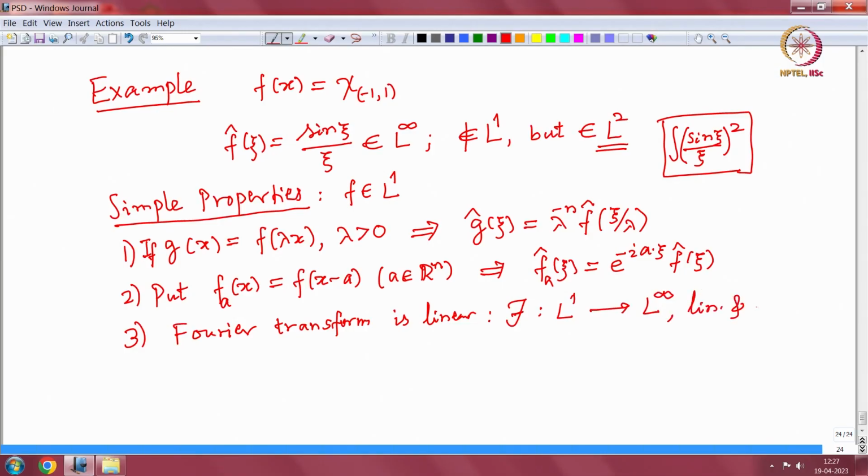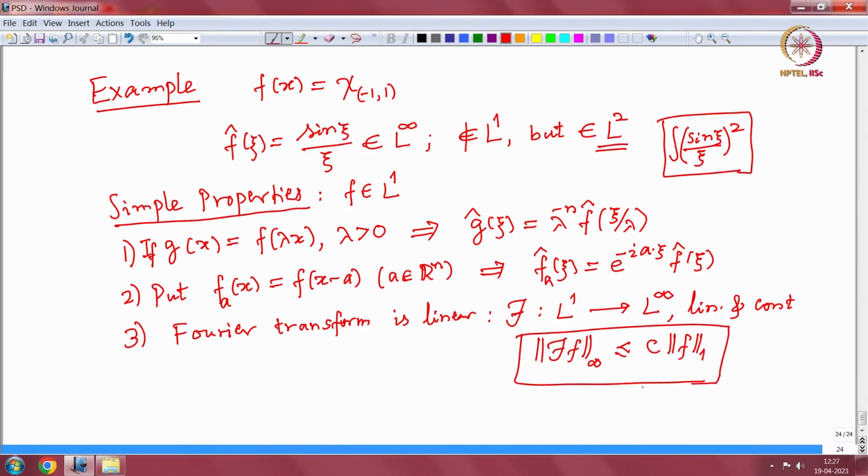That we have already seen, continuity: the L infinity norm of f cap is less than or equal to some constant times the L1 norm of f. This we have seen. In addition, this Fourier transform vanishes at infinity.